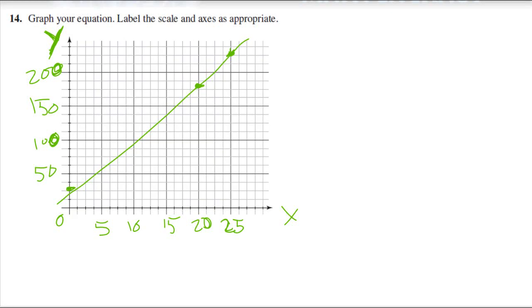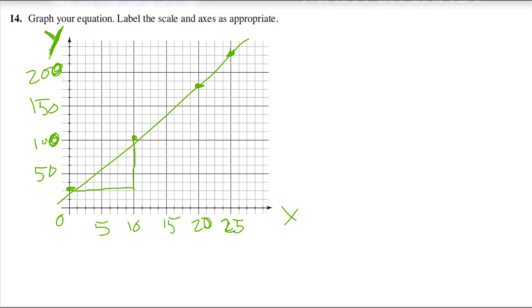If you want to think about it in terms of the slope and the y-intercept, I've got my y-intercept. If I go up 1, if I sell 1 more shirt, I pay $8 more. If I sell 10 more shirts, I pay $80 more. So if I start at 28, I go over 10, I add 80, I'm up at 108.